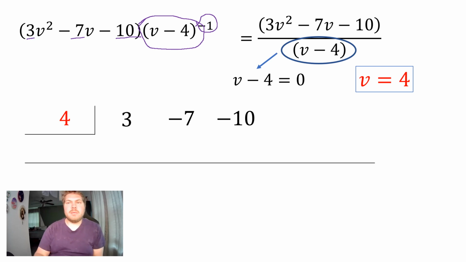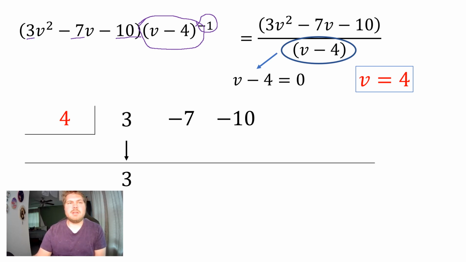And now we're always going to carry down our first number. So 3 kind of comes down here, and it just hangs out, because whenever you divide, it's always going to be that number unless there's a fraction. But we're not really going to worry about that. So now we just play a game of multiply, add, multiply, add.